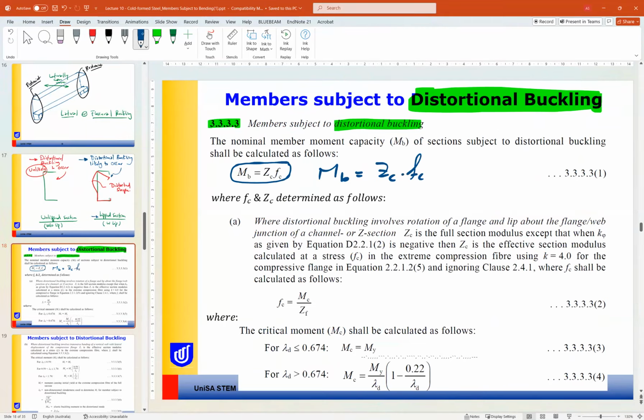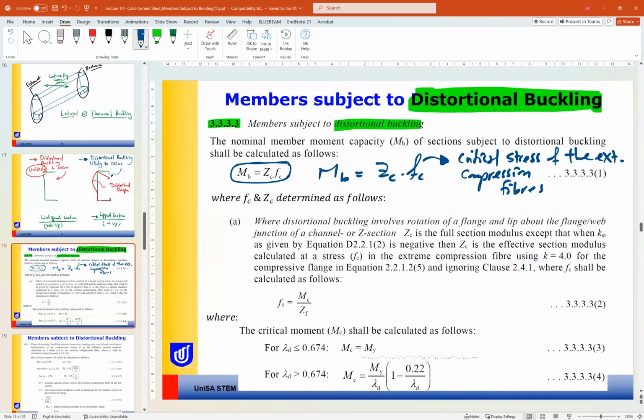So MB, and ZC and FC are the critical stress of the extreme compression fibers, similar to before. So how can we find FC and ZC in this case?